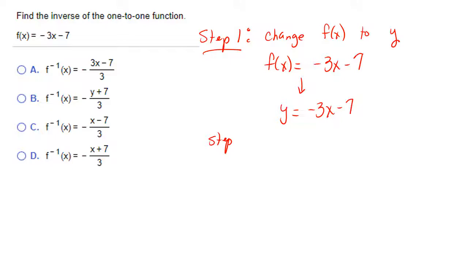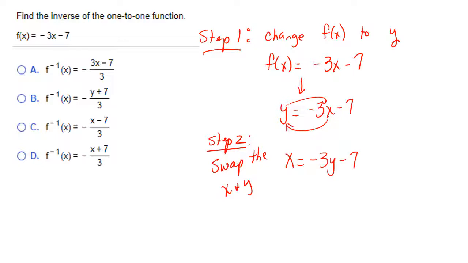Step 2 is to swap or interchange the places of x and y. No signs will change, but the x goes in place of the y, and the y takes the place of the x. And then the last step is to solve for y.